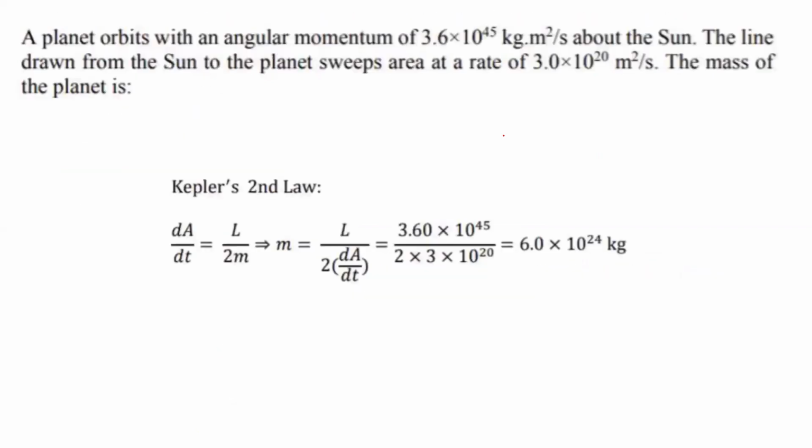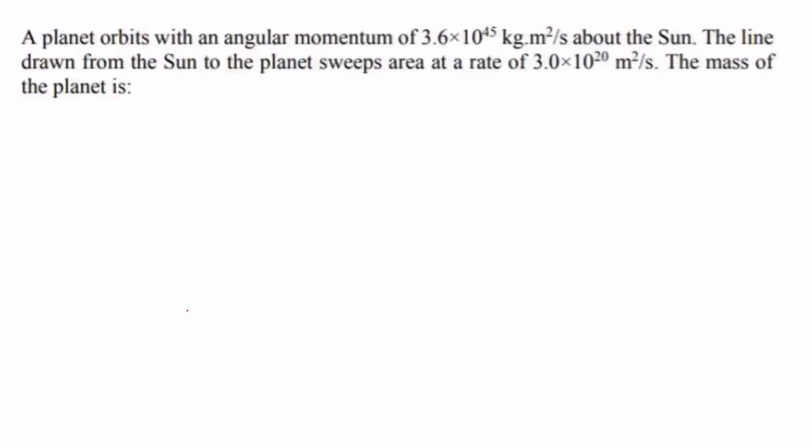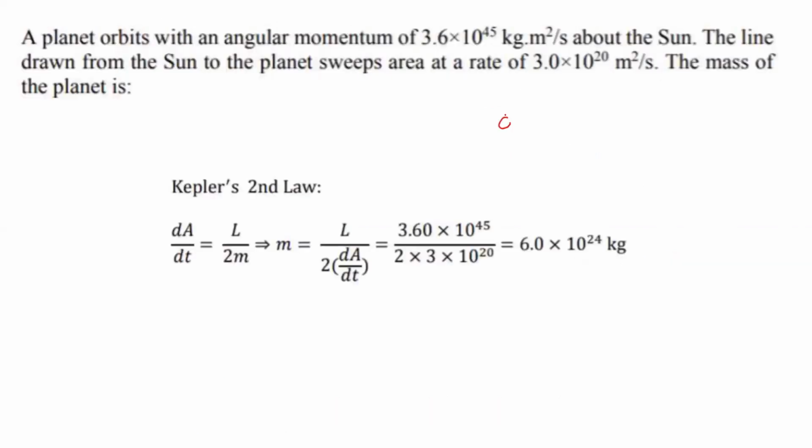So this is the same type of problem. Okay, I told you that the law of areas is coming from conservation of angular momentum. So the law of areas is basically the derivative of the area with respect to time is just the angular momentum of the planet divided by 2 times the mass of the planet.